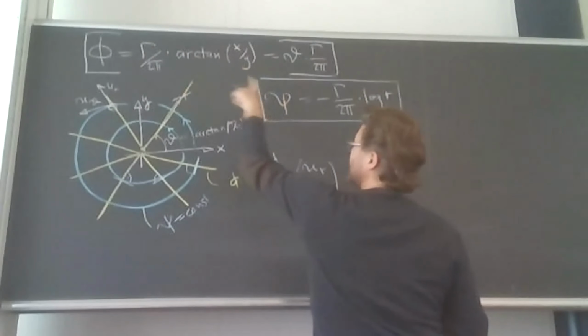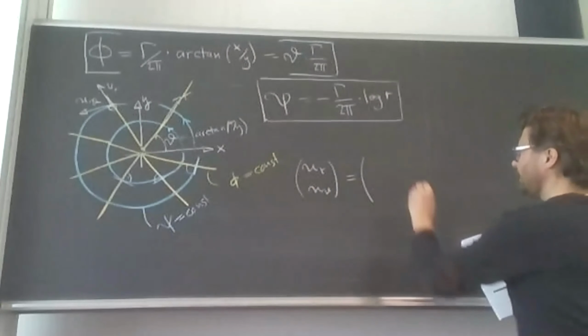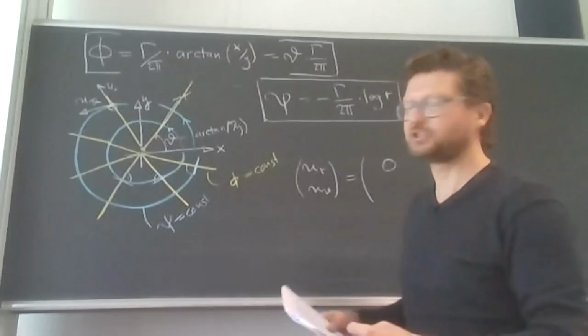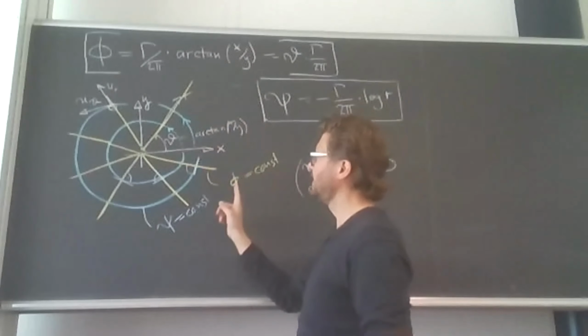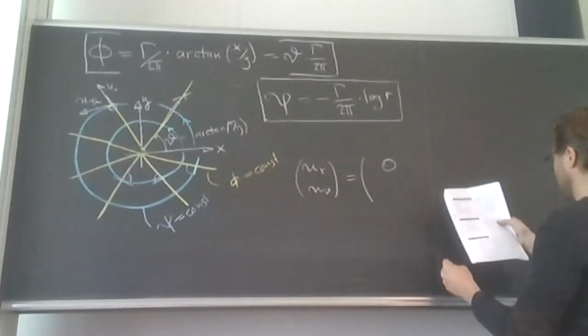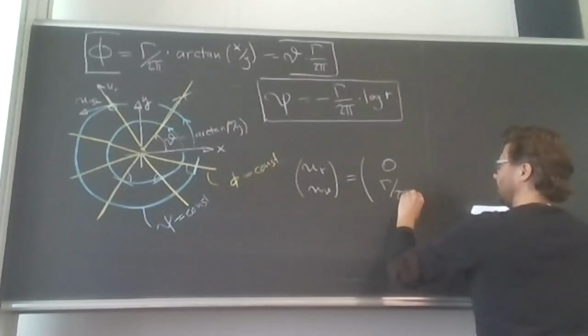With this stream function, this potential function, ur comes out as identically 0, which it should be. There's no radial velocity. There's only an azimuthal or tangential velocity. And the tangential velocity is gamma over 2 pi r.